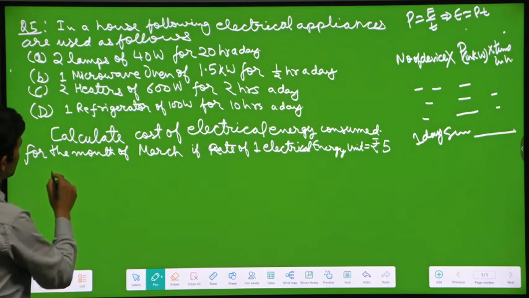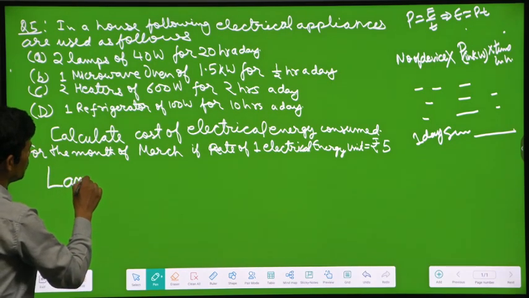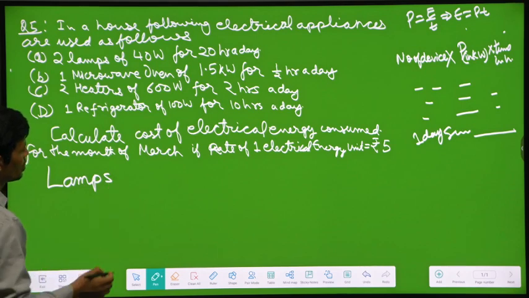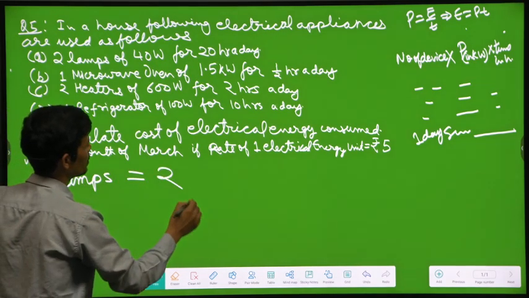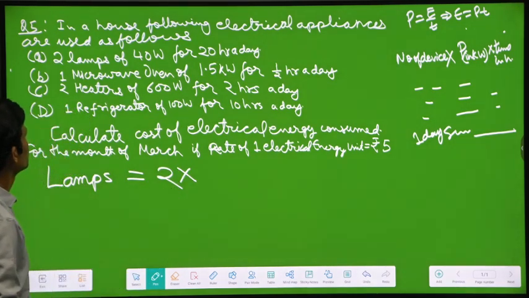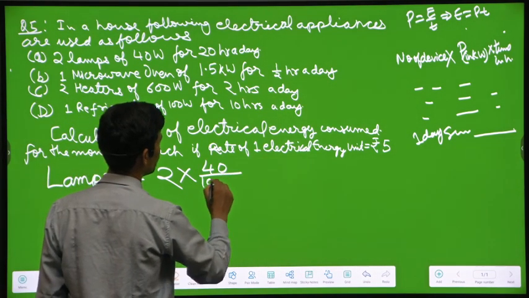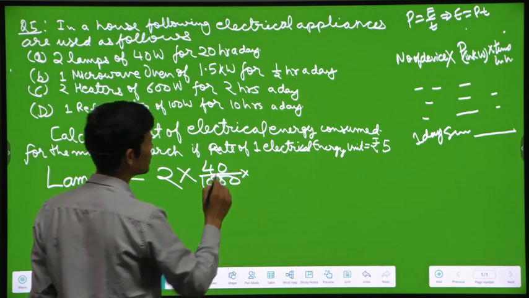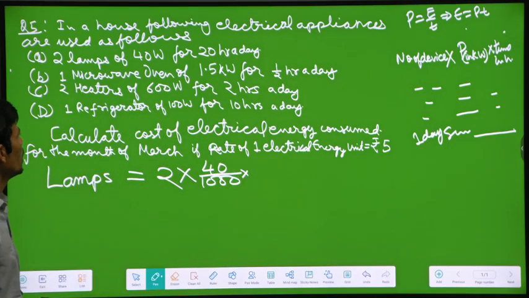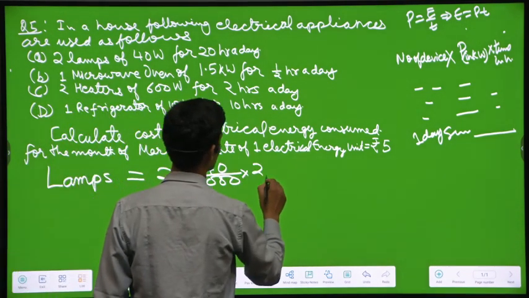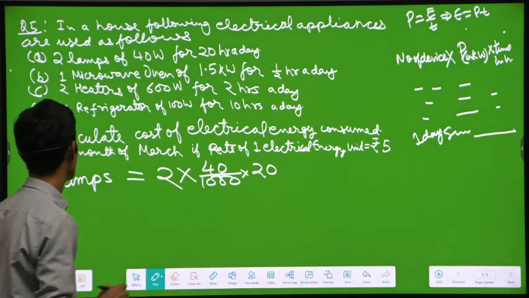Two lamps, so I'm writing lamps, number of lamps is 2, power is 40, but we'll not write 40, we'll write 40 upon 1000. Now it is in kilowatt, and then 20 hours, multiplied by 20.